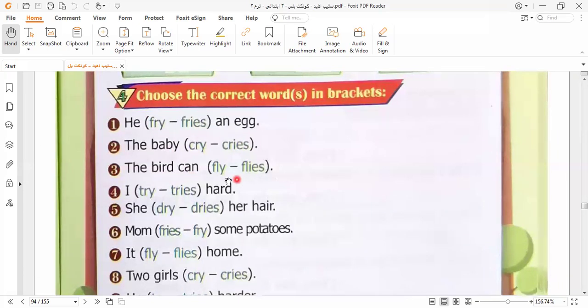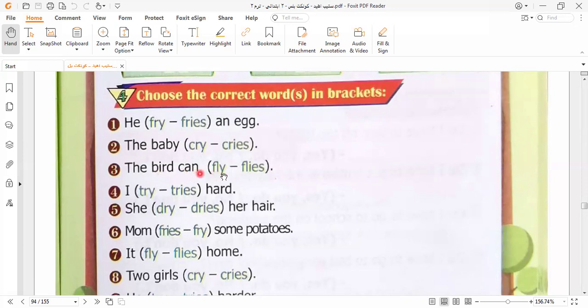The bird can fly. The bird can what? Can fly. So why did Miss Iman put fly here? Because can is from the modals, which we will take later. We know that modals like can and will must be followed by what? By the infinitive form.